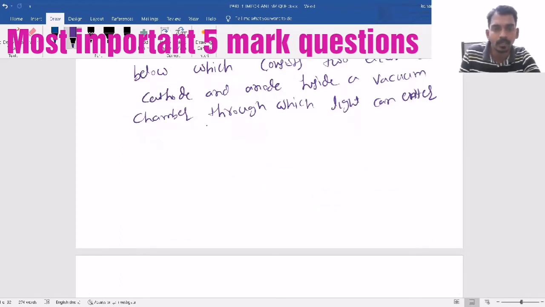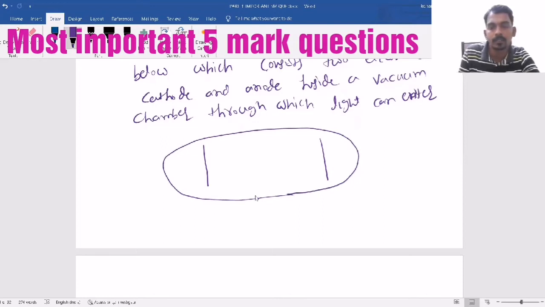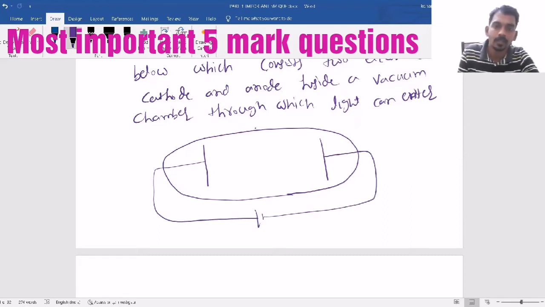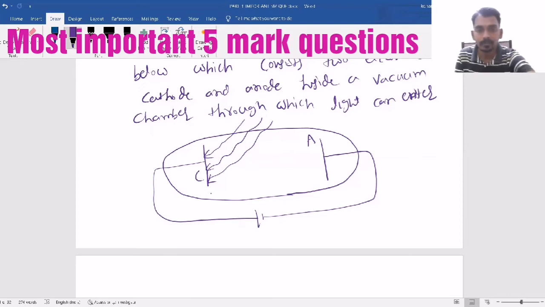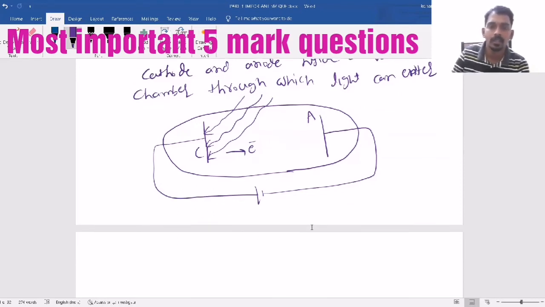Like, see, there is one cathode, there is one anode. Both we will arrange in a chamber and we will connect them so that light can come and fall on this cathode, and this is the anode. So that when light falls on it, electrons can come out. That is the simple arrangement.